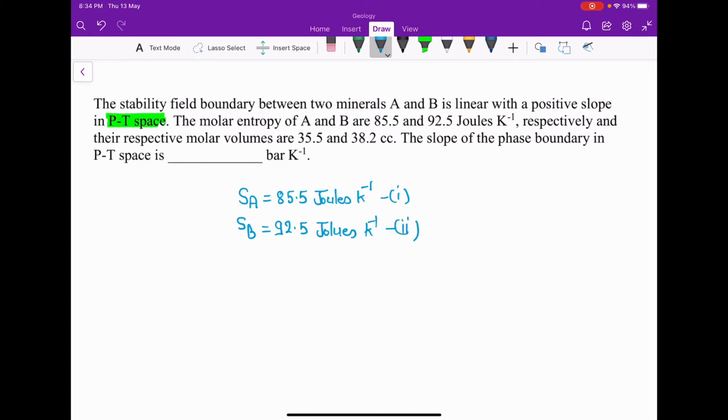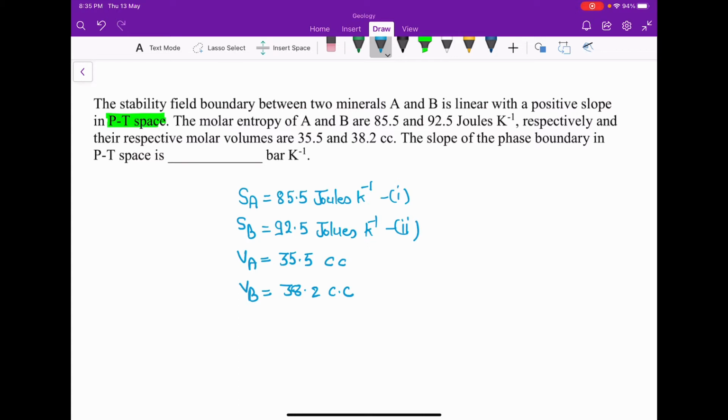Now their respective molar volumes, VA and VB, are 35.5 centimeter cube, and VB equals 38.2 cc, meaning centimeter cube.